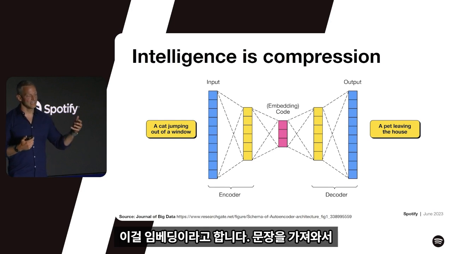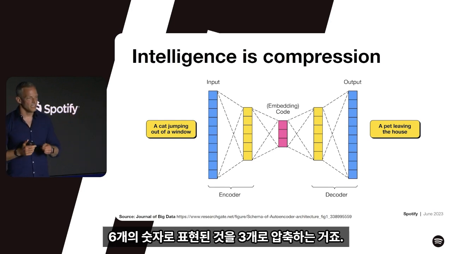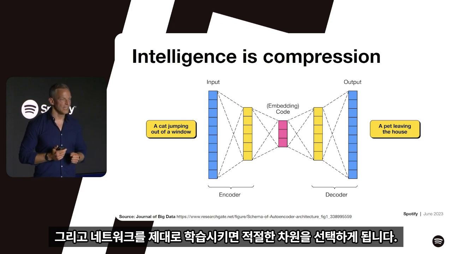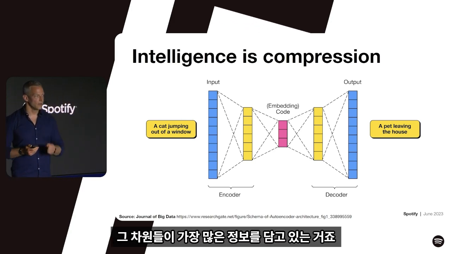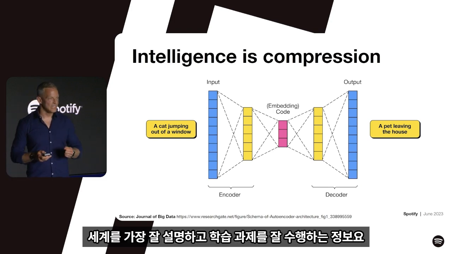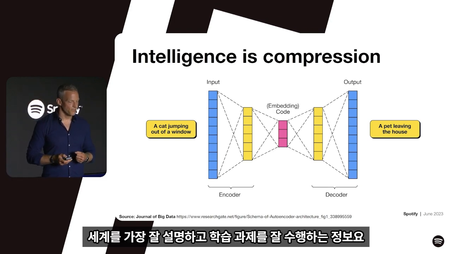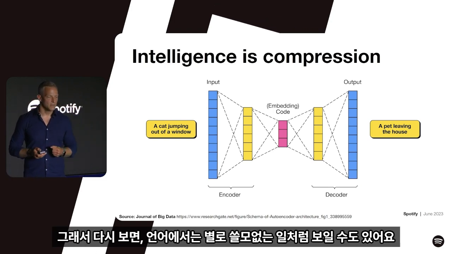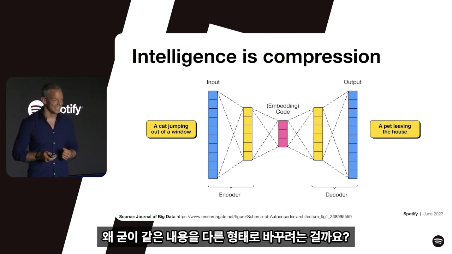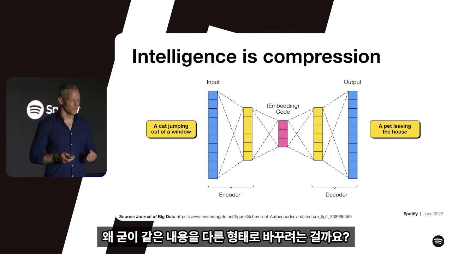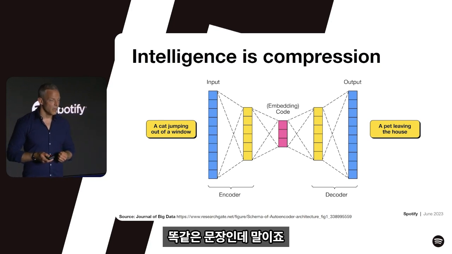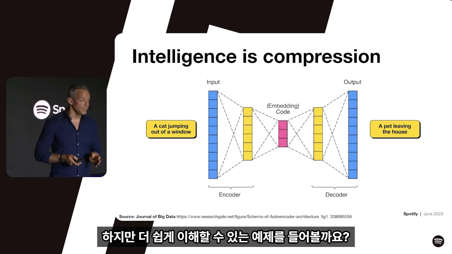You take the sentence and you embed it from 6 numbers into 3. And the network, if you train it correctly, is going to choose the right dimensions that give the most information about the world and complete the training task the best. Again, it seems like a pretty useless task, especially for language. Why would you want to get a different version of the same sentence out? But maybe an example would be easier to understand right now.